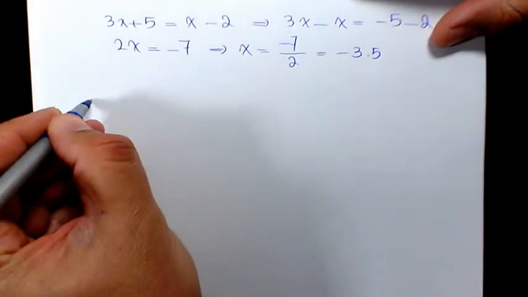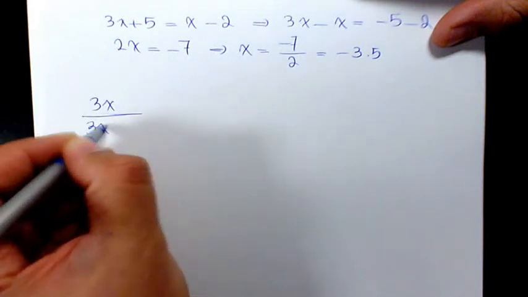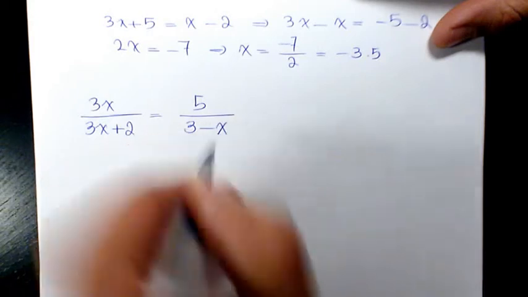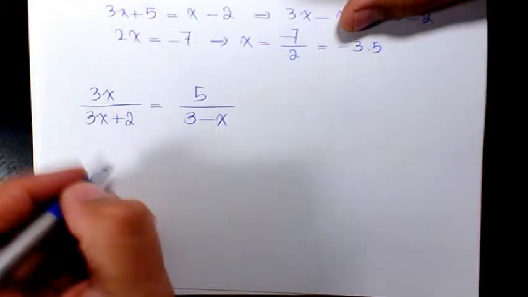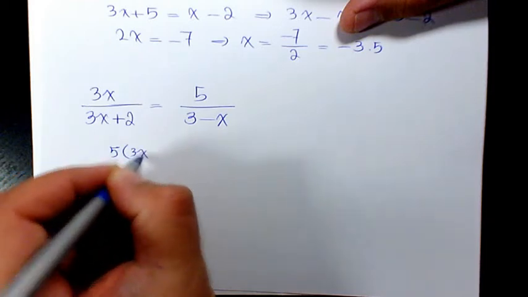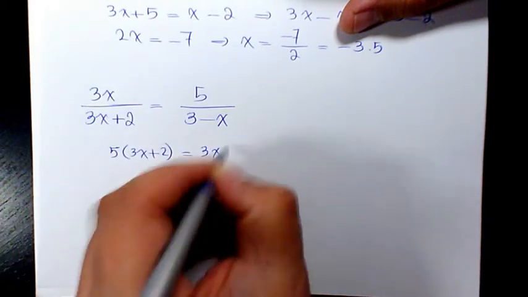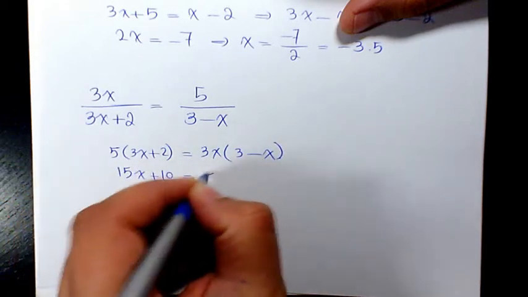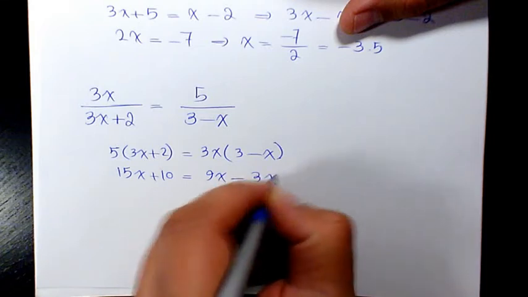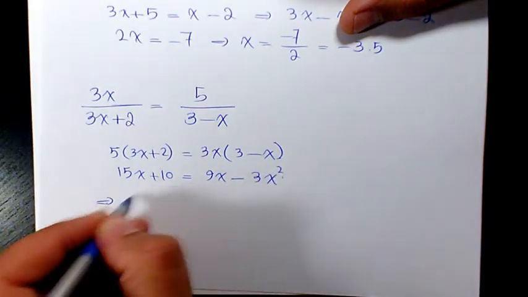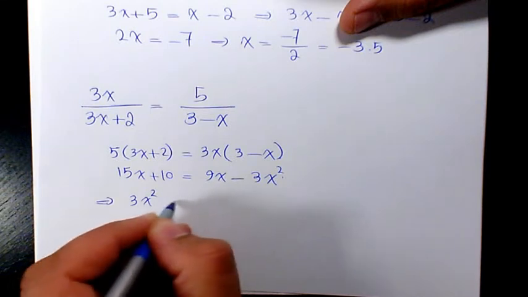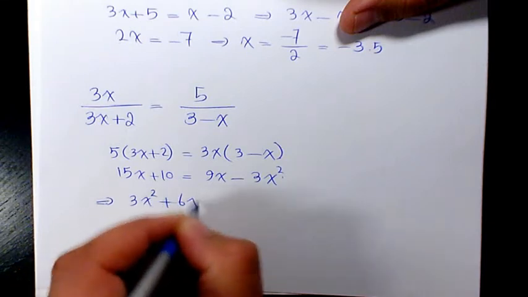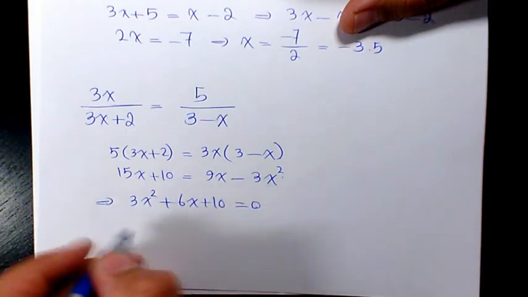Next example. 3x over 3x plus 2 equals 5 over 3 minus x. Cross multiplication. 5 times (3x plus 2) equals 3x times (3 minus x). So 15x plus 10 equals 9x minus 3x squared. Therefore, 3x squared plus 6x plus 10 equals 0.